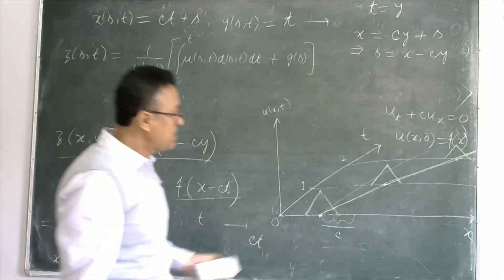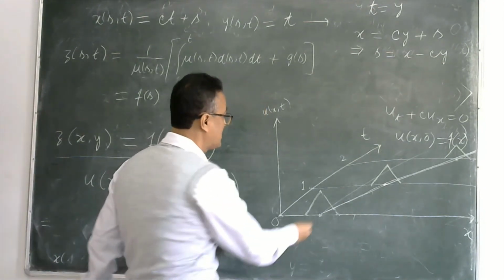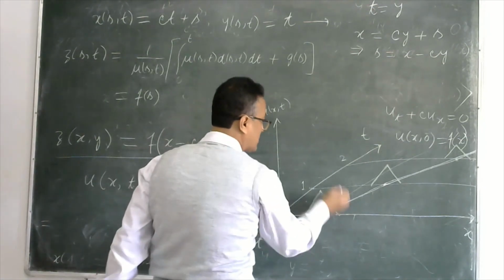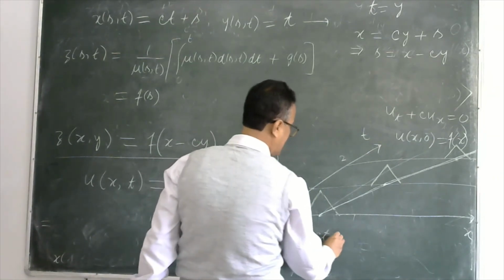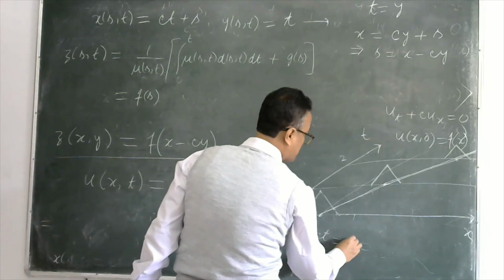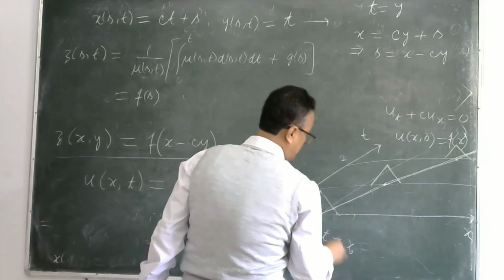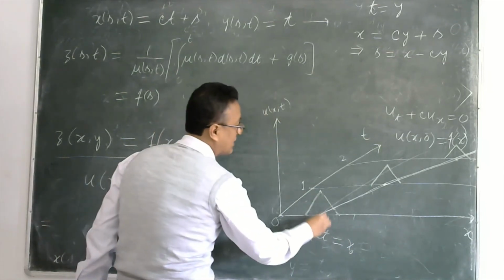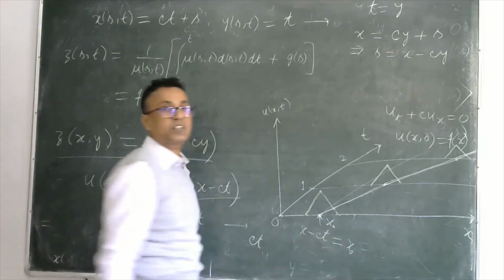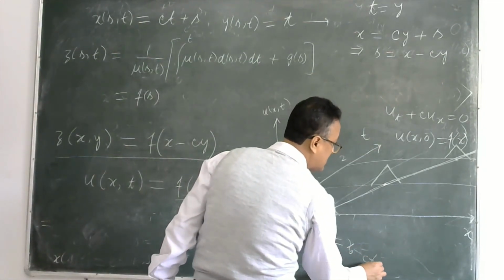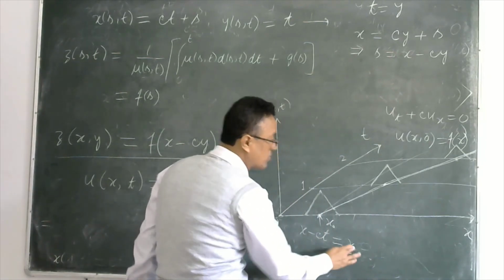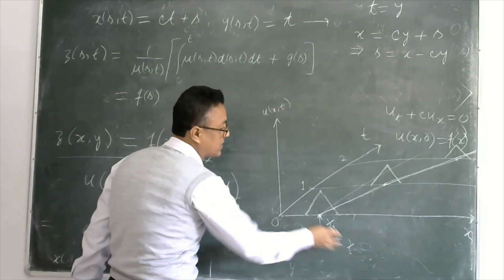If you consider that line, you will see that the equation of that line is nothing but x minus ct equal to x naught. It would have been x minus c t naught, but here t naught we have taken as 0, so that is why it is simply x naught.